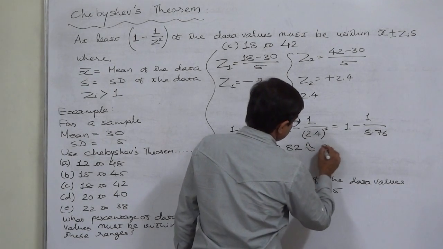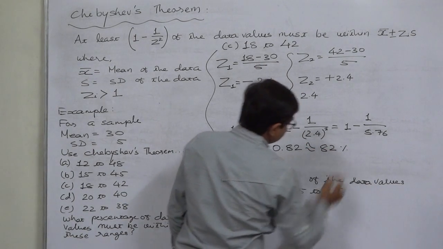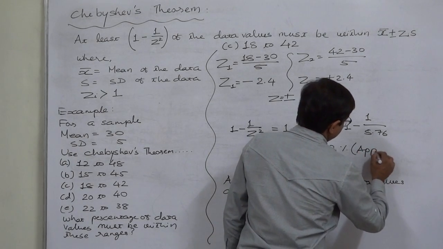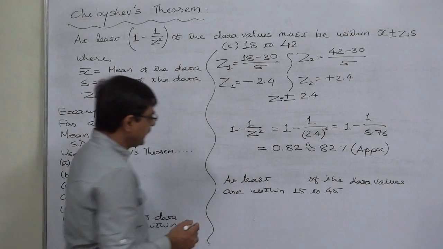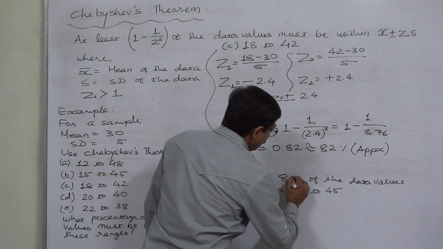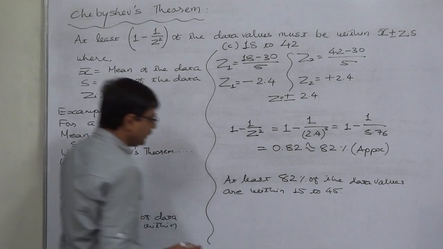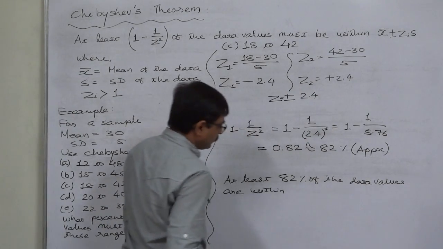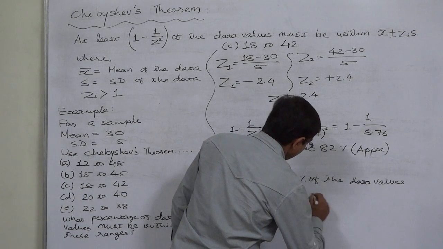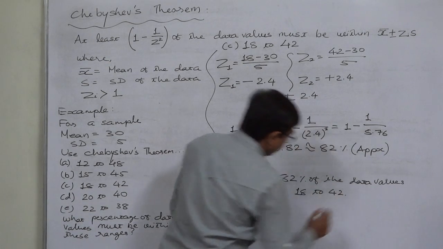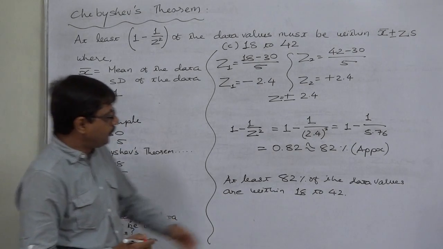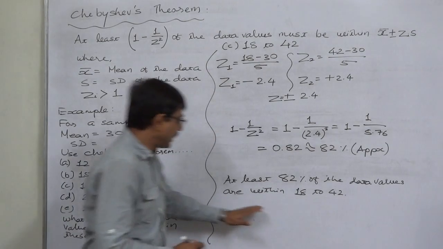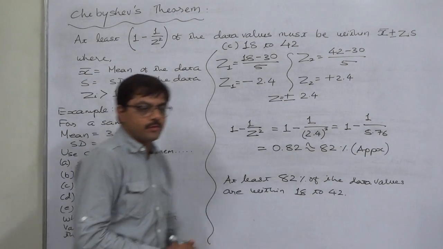That means we can say that approximately 82%. So the interpretation will be at least 82% of the data values are within 18 to 42, or from 82% to all 100% data values are within 18 to 42.